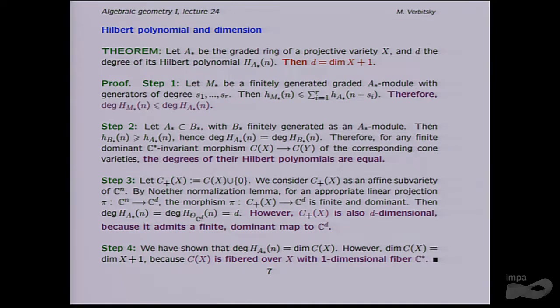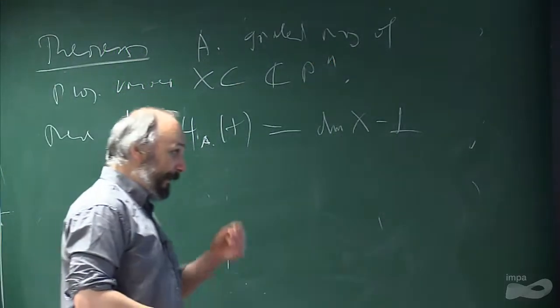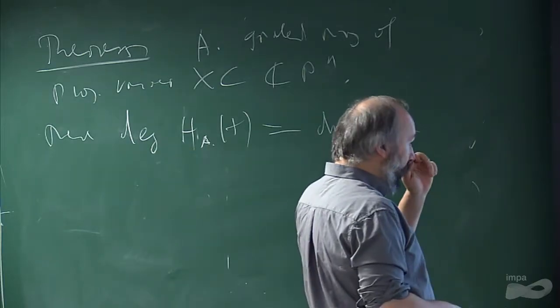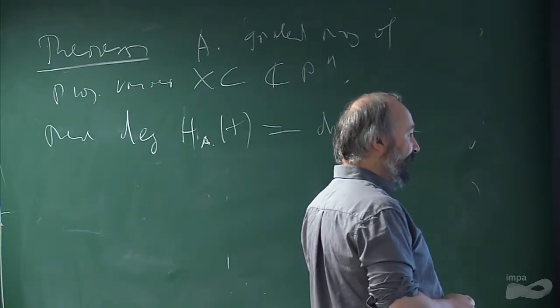Then the degree of its Hilbert polynomial is equal to the dimension of X minus 1. We had 3 definitions of dimension. This is the 4th, and it is quite useful, except that so far it works only for graded things. If you want to do it for non-graded, you have to do more commutative algebra, which people usually don't.